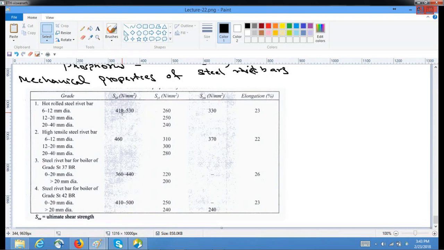Similarly, for high tensile steel rivet, the SUT is 460, whereas SYT would vary from 310 to 280, and SSU is 370, and the percentage elongation goes down to 22%.